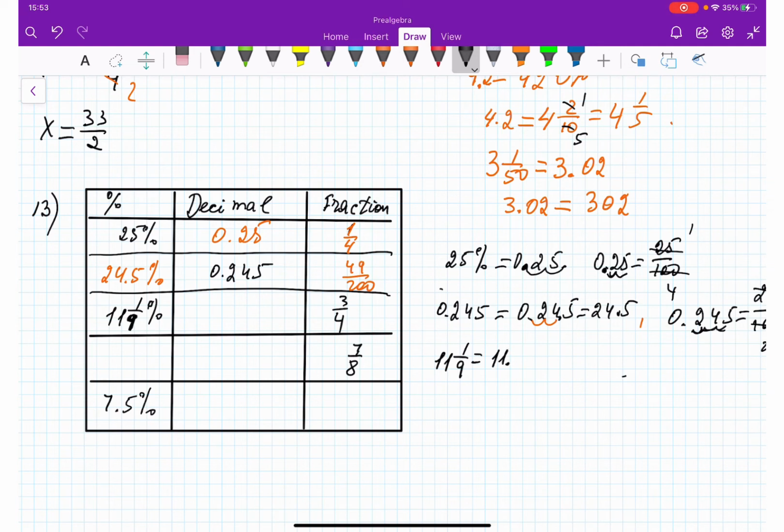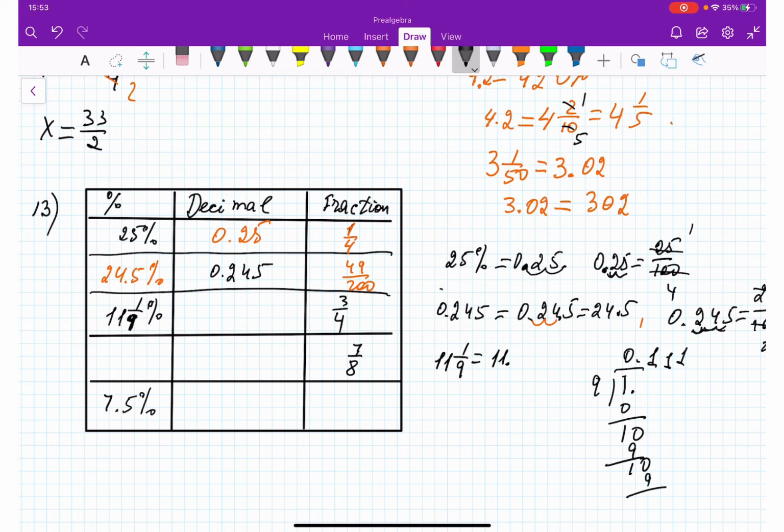So 1/9 I am dividing. 1 divided by 9 is going to be 0 point, right? Adding 0, this is going to be 1, 9. 10 divided by 9, again, it's going to be 1, and so on.